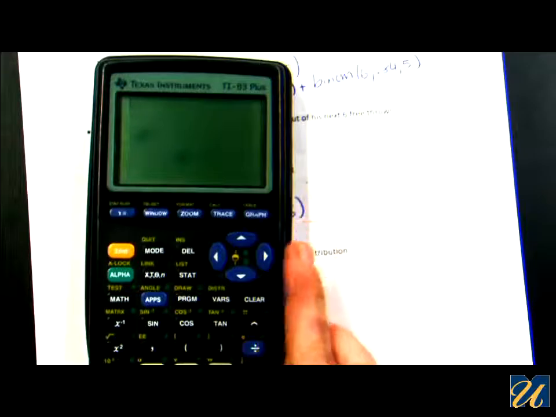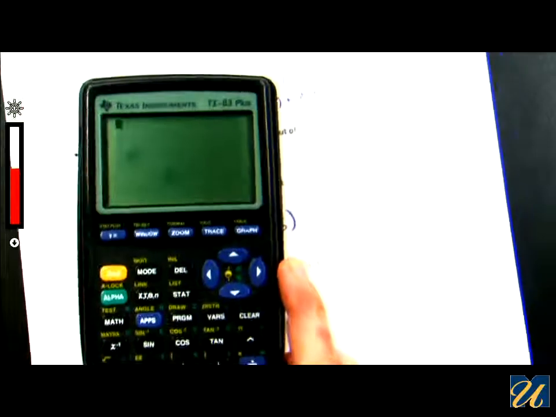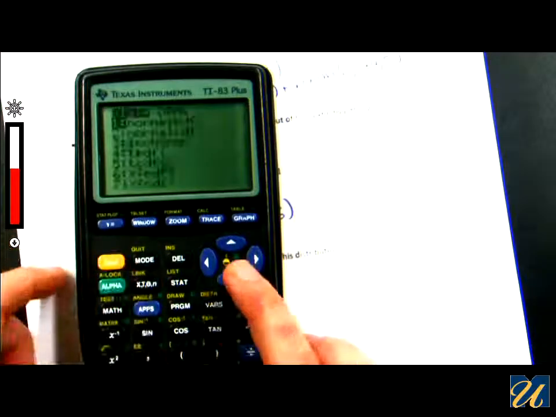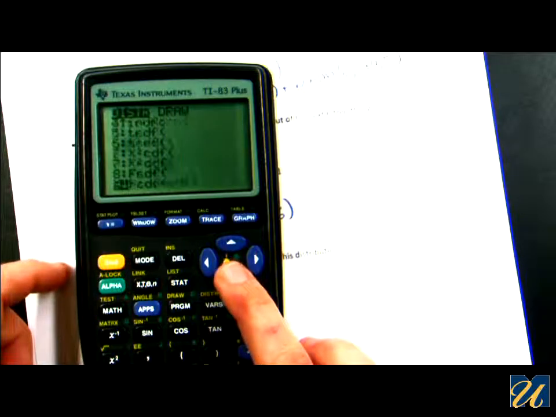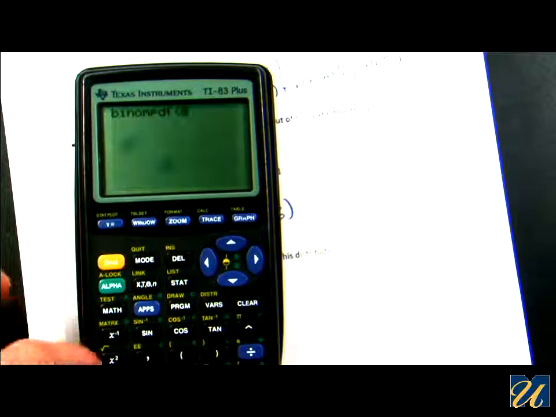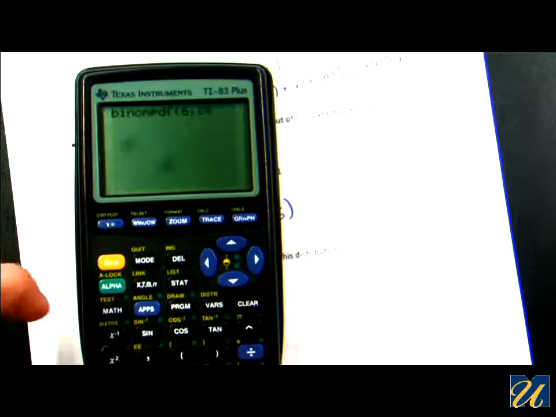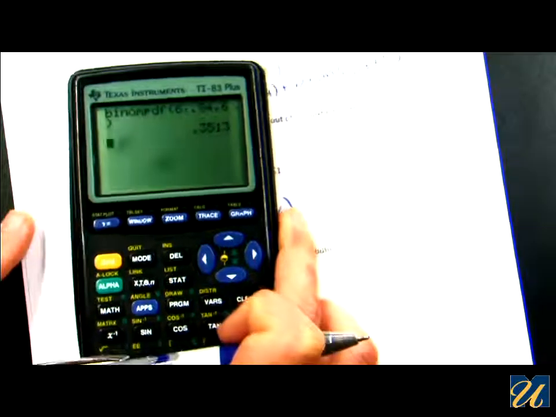So we would do second vars, binomial PDF, 6, comma, 0.84, comma, 6, close parentheses, and enter. 0.3513.